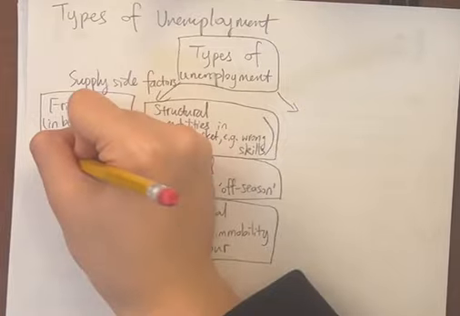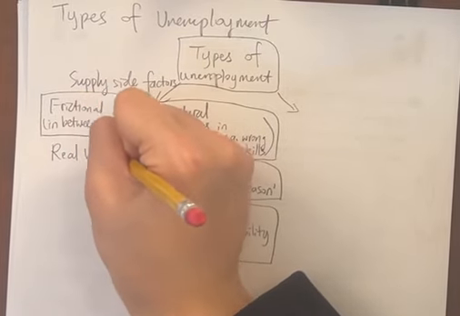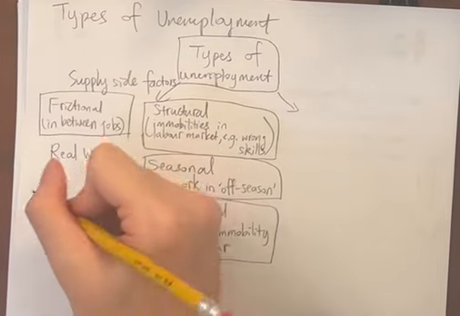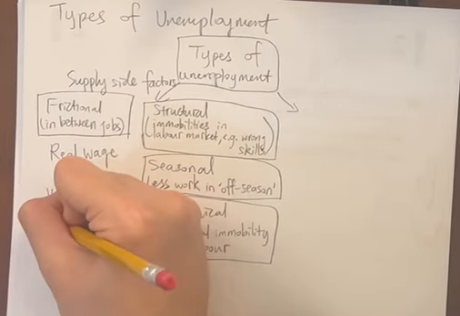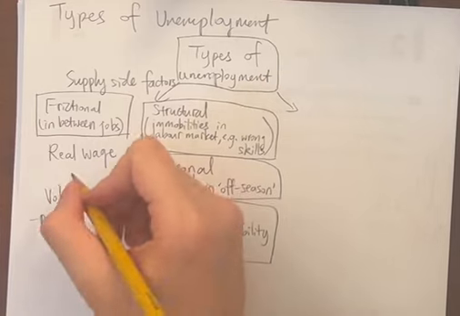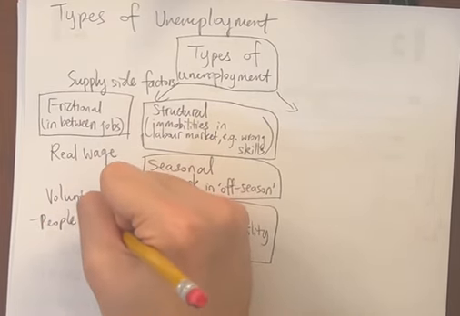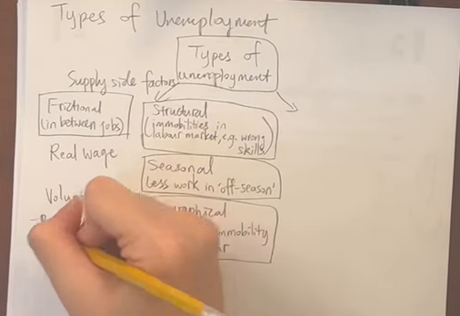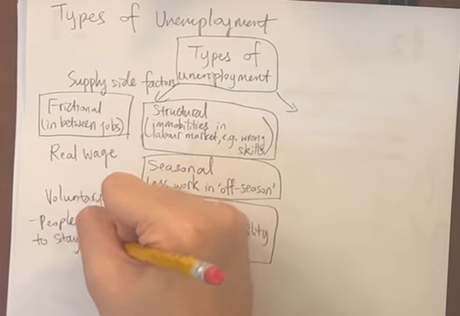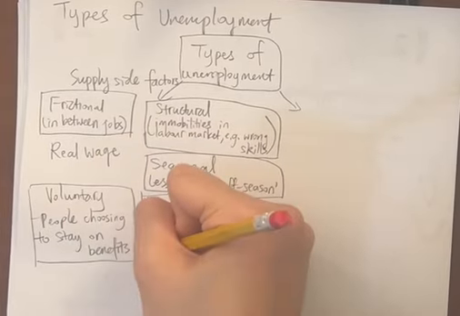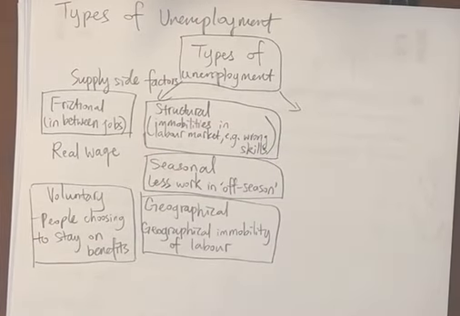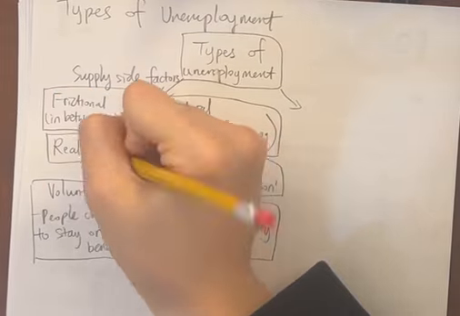So there's real wage here, and there's also voluntary unemployment. Voluntary means people who are choosing to stay on benefits. Basically, people who probably have the ability to work but don't want to do it. So that's another situation.